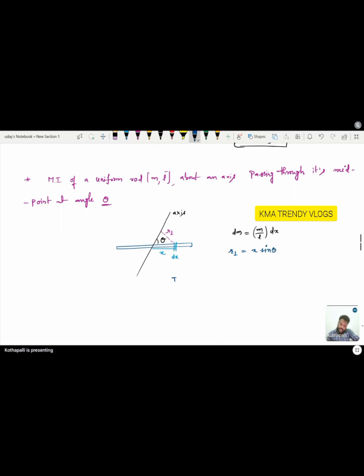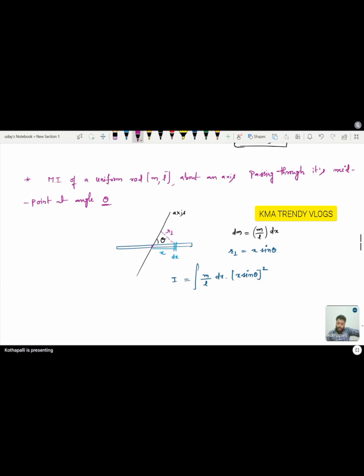Now the total moment of inertia will be the integral of m by L into dx into x sine theta, the whole square. But the limits, if you see clearly, I am taking this point as a reference point or reference line. One part of the rod is on the left side, and the other part of the rod is on the right side.